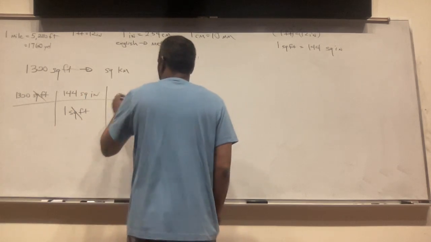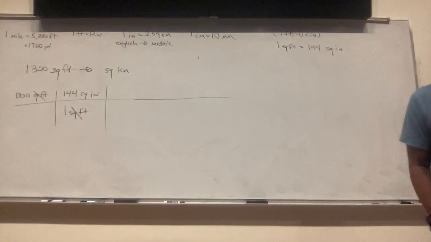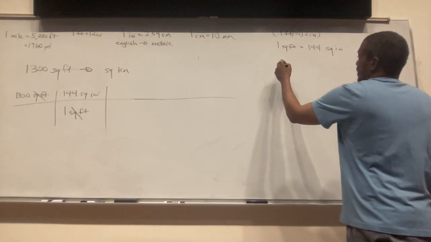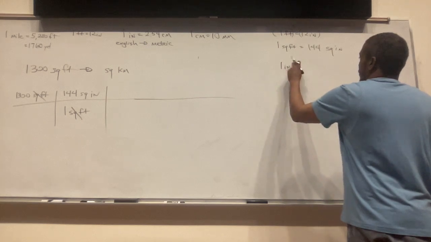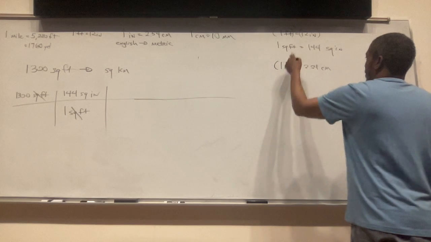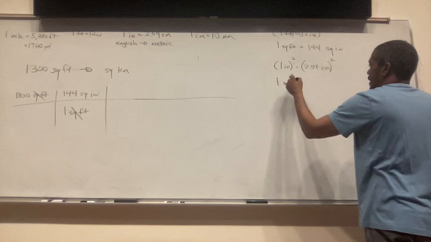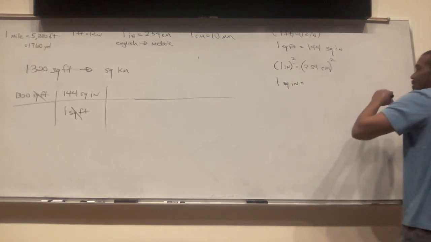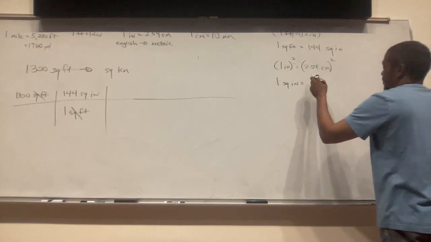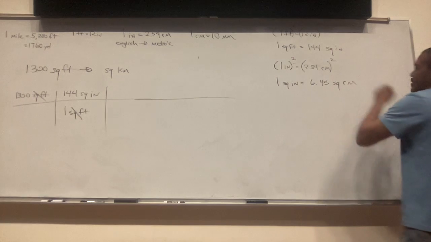So now, inches to centimeters. We take 1 inch is equal to 2.54 centimeters, and we square both sides. That gives me 1 square inch is equal to 6.45 square centimeters.